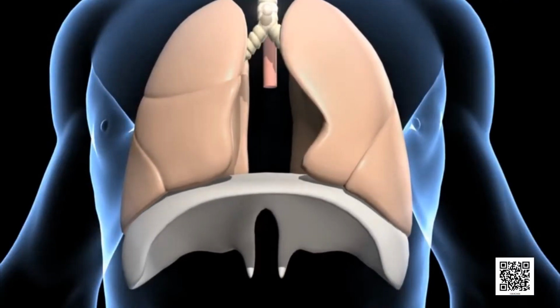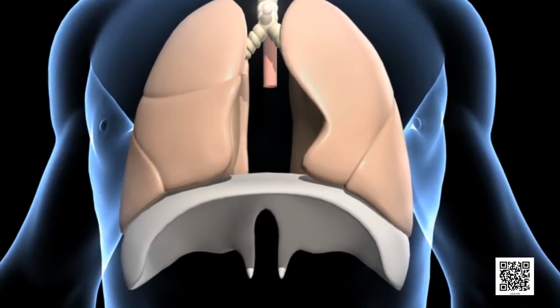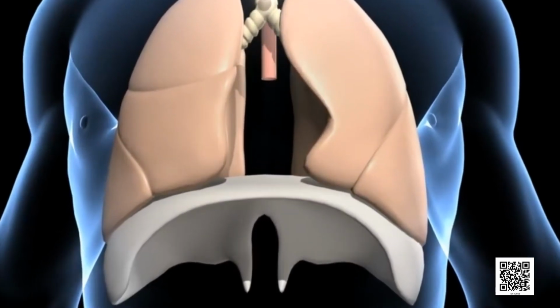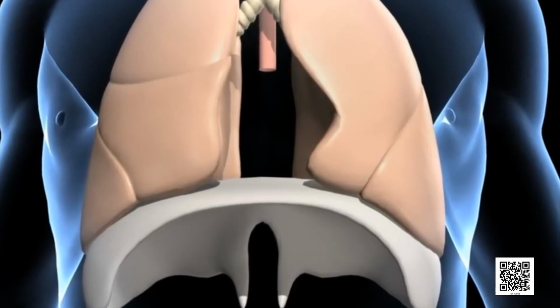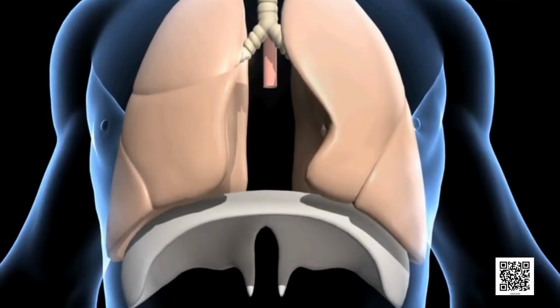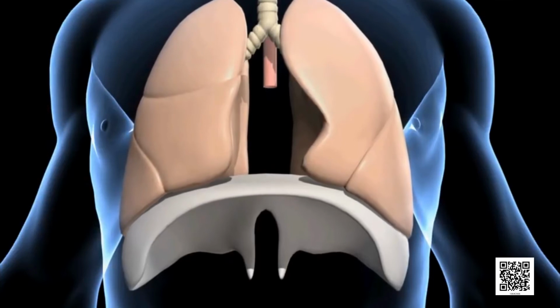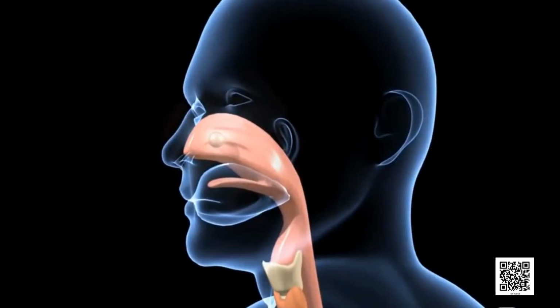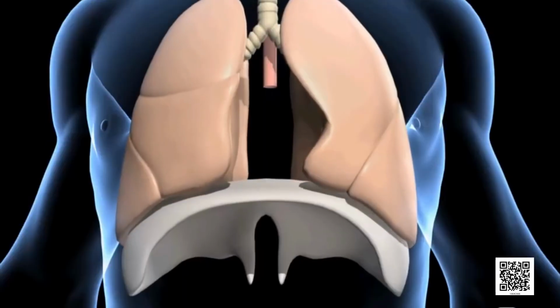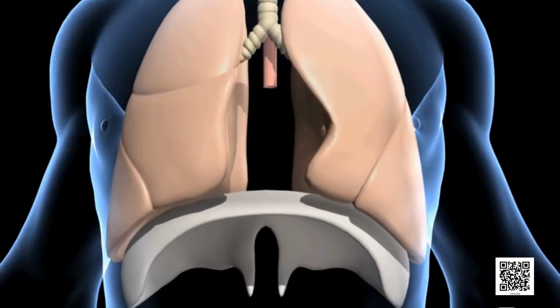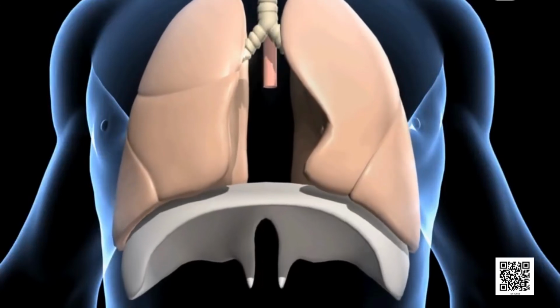Breathing involves the movement of the diaphragm and the rib cage. During inhalation, ribs move up and outwards and diaphragm moves down. This movement increases space in our chest cavity and air rushes into the lungs.